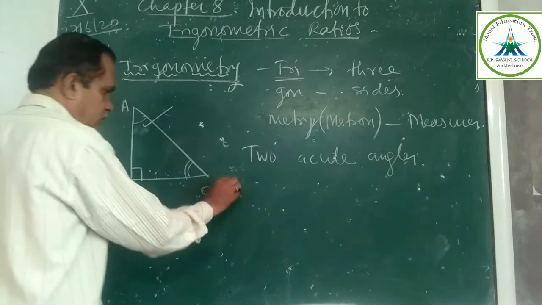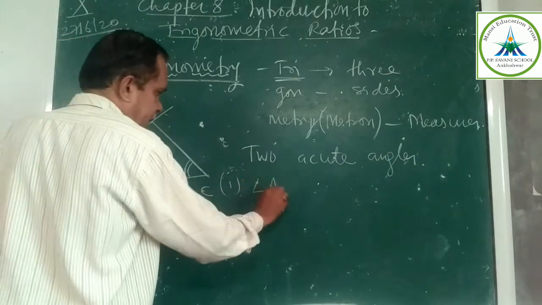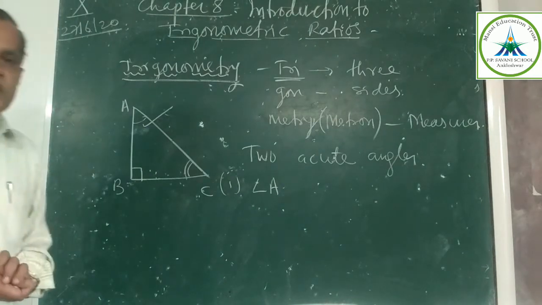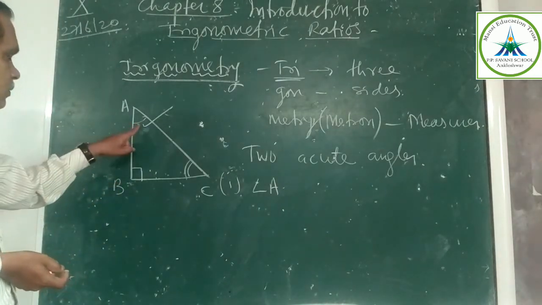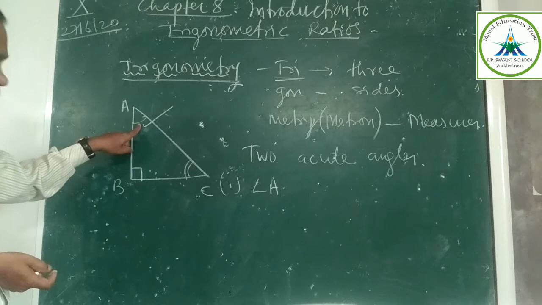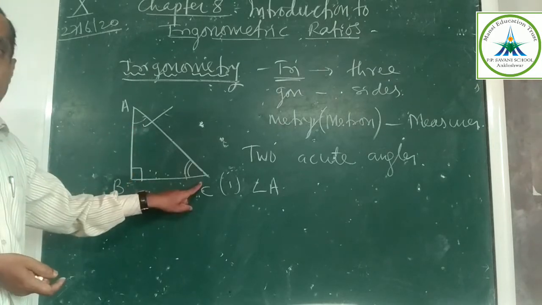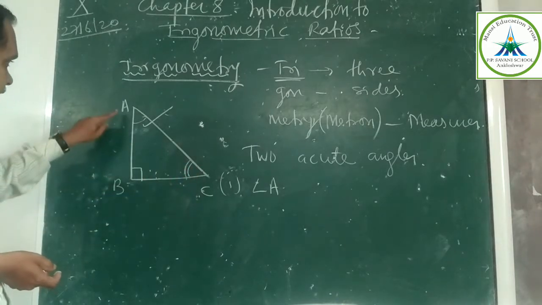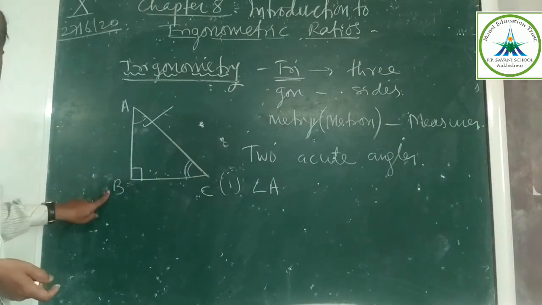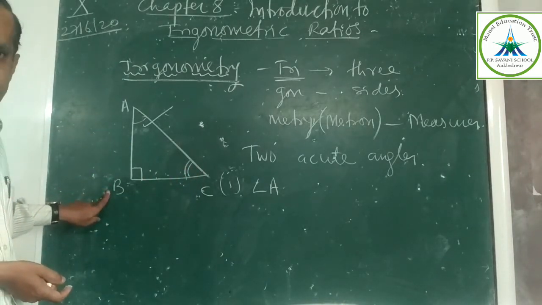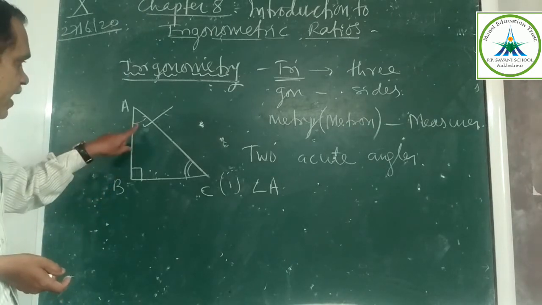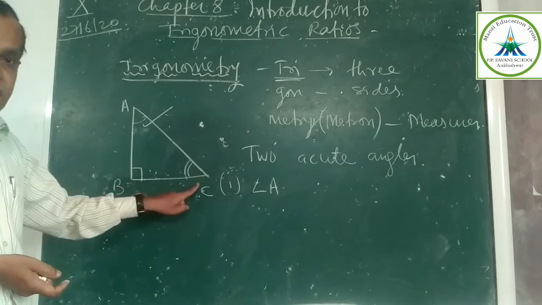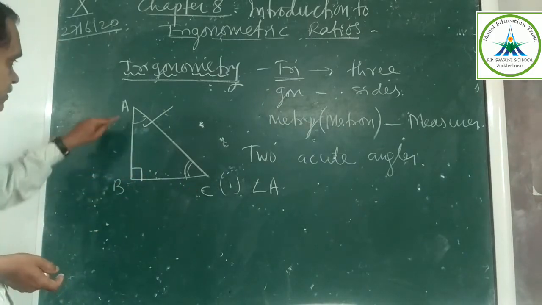If I talk about angle A, now for this angle A, the side BC is called the opposite side. Yes or no? And side AB is called the adjacent side. Right? For angle A, the opposite side is BC and the adjacent side is AB.